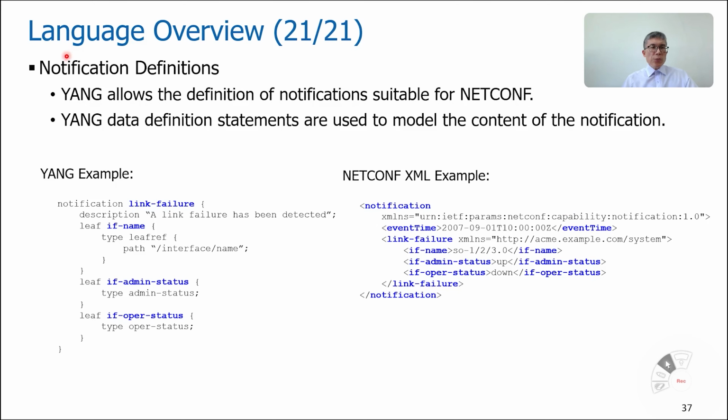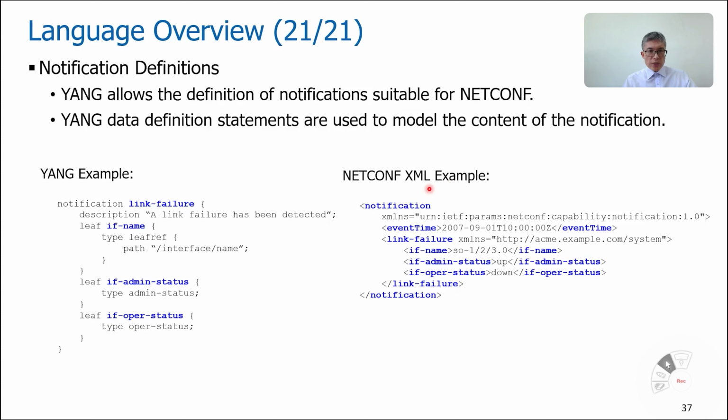So, and then notification is used to deliver an event as a notification. Okay. So the definition statements are used to model the content of a notification. You can say an event like some attack, like a security attack, or a link failure here. So in that case, the interface name, the interface admin status, and the interface operational status.